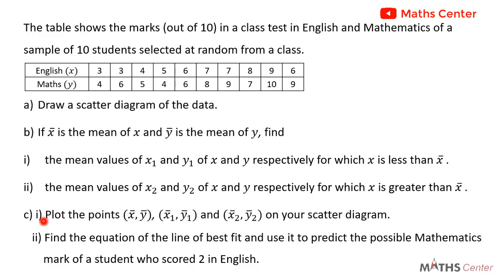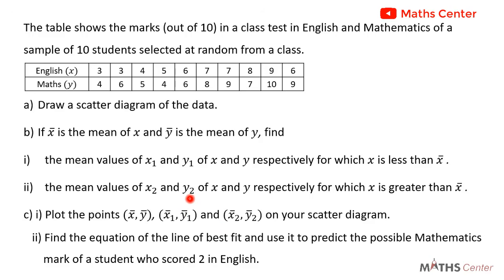And then C. I. Plot the points (x mean, y mean), (x1 mean, y1 mean), and (x2 mean, y2 mean) on your scatter diagram. II. Find the equation of the line of best fit and use it to predict the possible mathematics mark of a student who scored 2 in English.